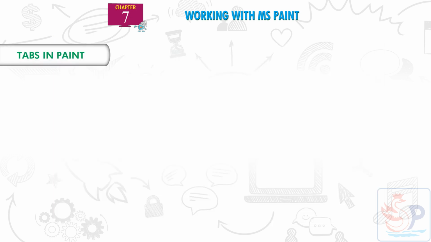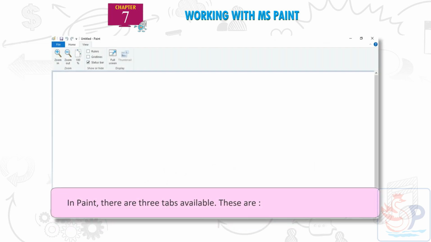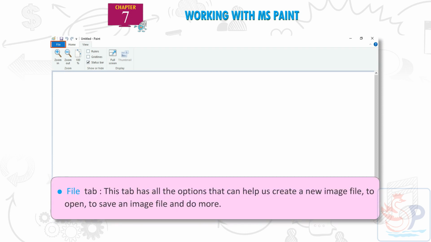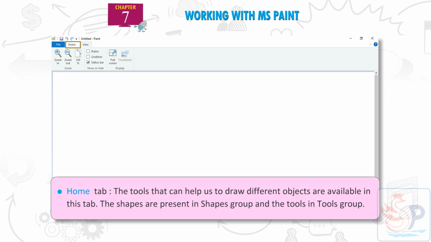Tabs in Paint. In Paint, there are 3 tabs available. These are: File tab. This tab has all the options that can help us create a new image file, to open, to save an image file and do more. Home tab.